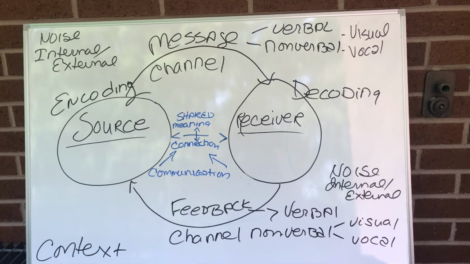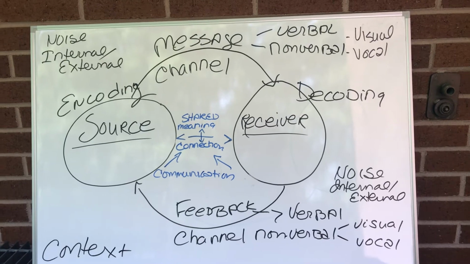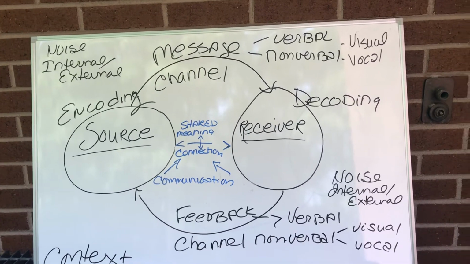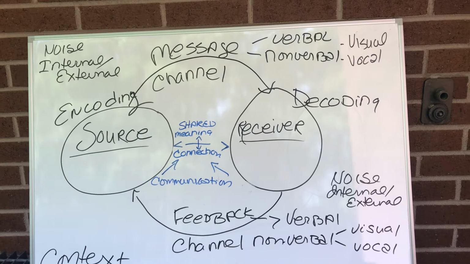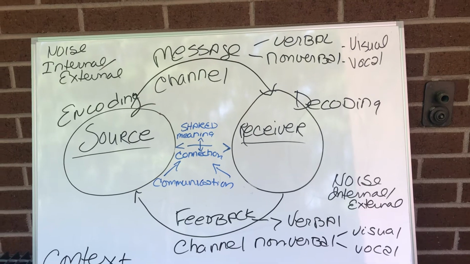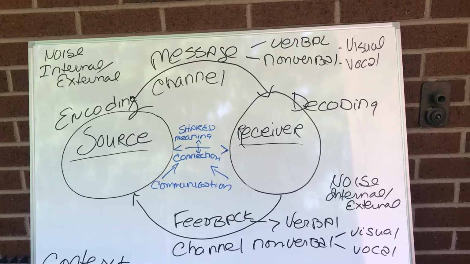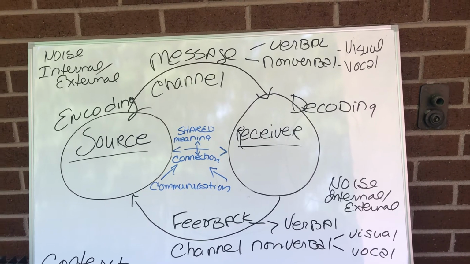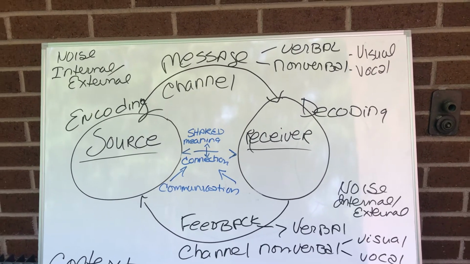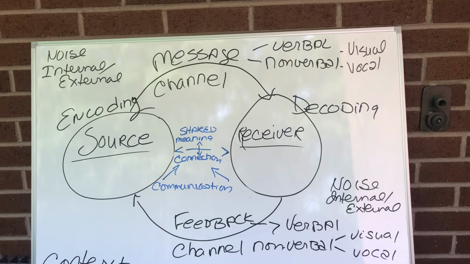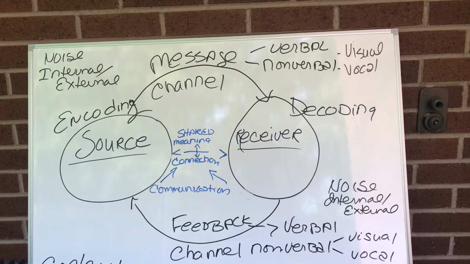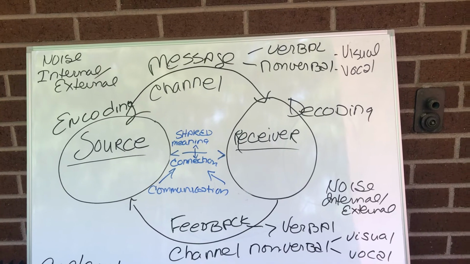In public speaking, you would call the receiver the listener. The receiver, the one who is taking in the message. The receiver then interprets the message, and that is called decoding. When a source encodes a message and a receiver decodes a message, it is not just the sound or the actual words or the verbal, but it's also the visual and then the emotion in the vocal.